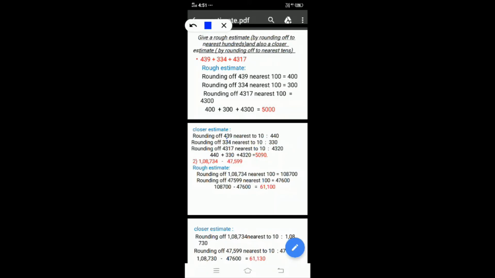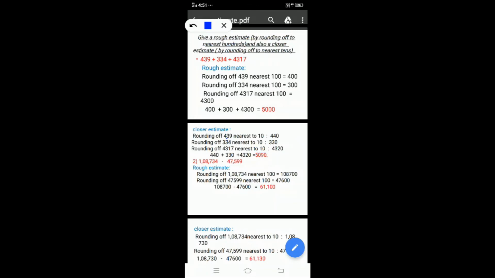Okay, rounding of 4317 to the nearest 10. Again, 7 is greater than 5, which means you have to add 1 in the tens place and the number becomes 4320. Whatever numbers you get in this rounding off, you have to add them and you will get the answer 5090. Your answer is 5090.